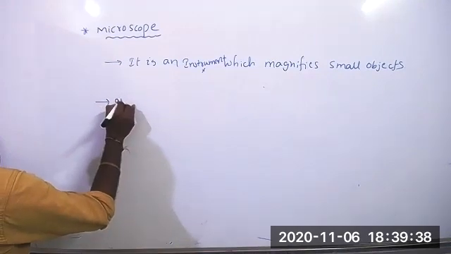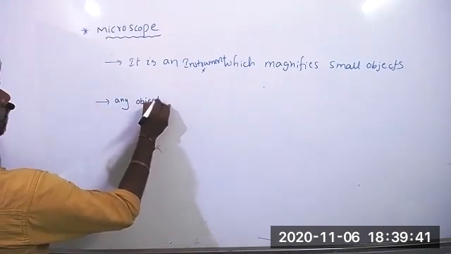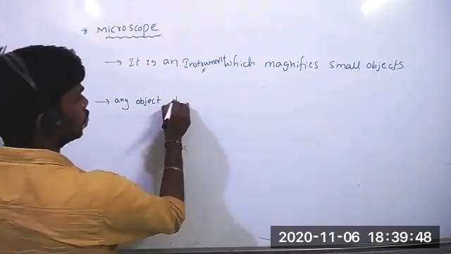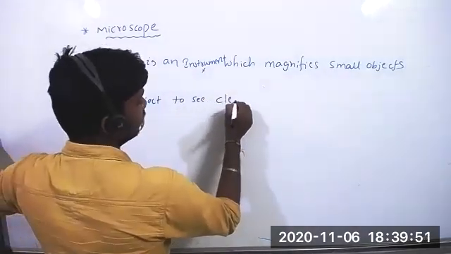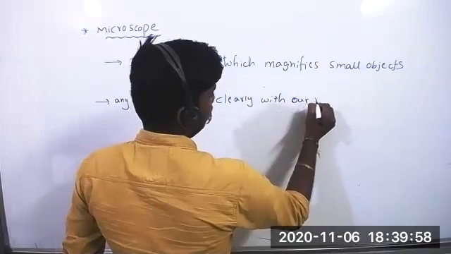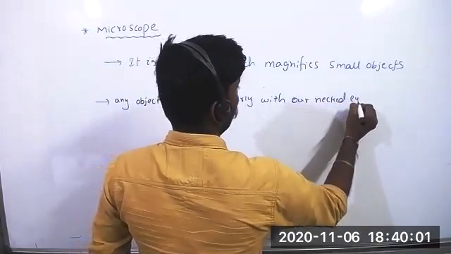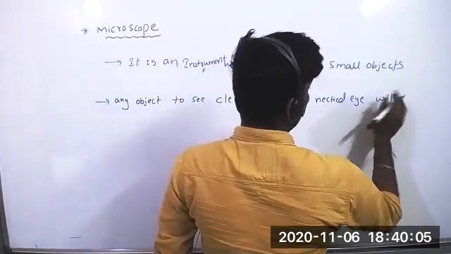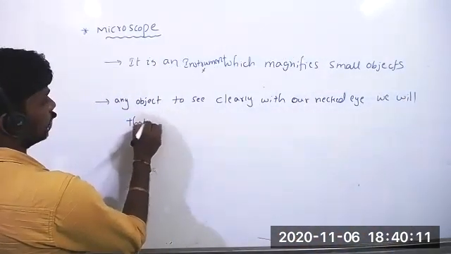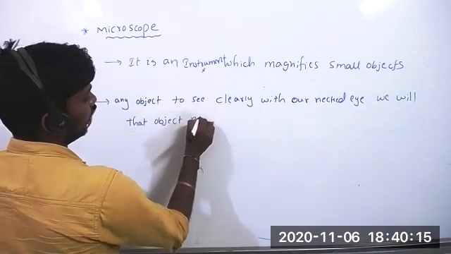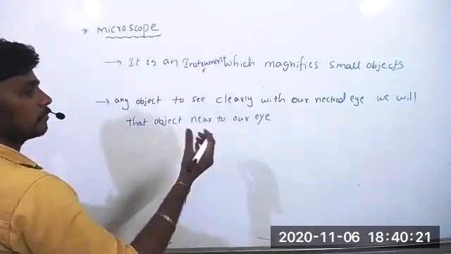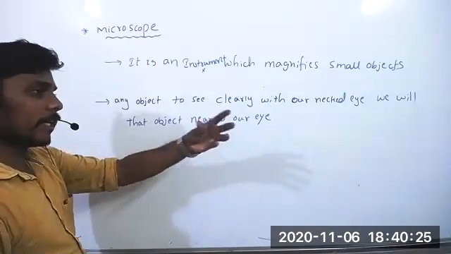So to see any object clearly with our naked eye, we will bring that object near to our eye. If you want to see any object clearly, we will bring it very near to our eye.